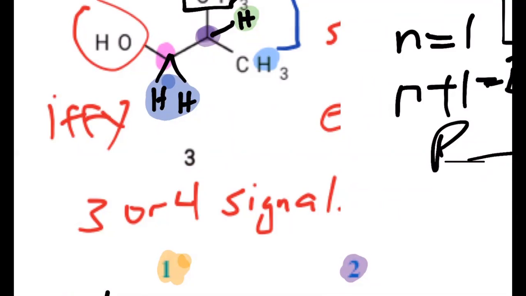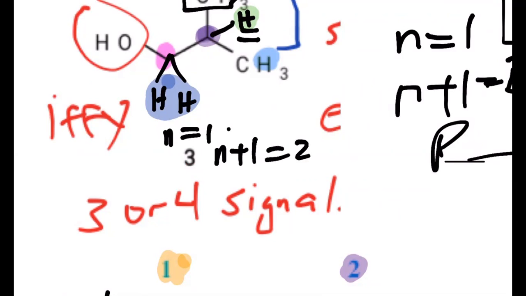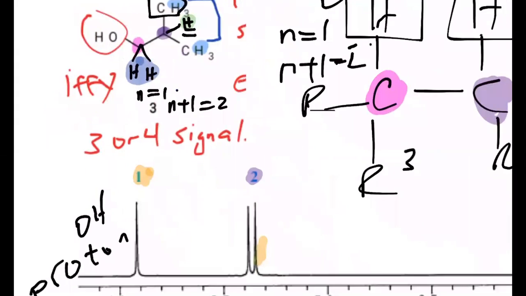That's exactly right. So for that one, N is 1, isn't it? Because it only has this hydrogen right here next door. So N is 1. So my equal sign is horrible. So that means that N plus 1 is 2. So that's why it's a doublet.